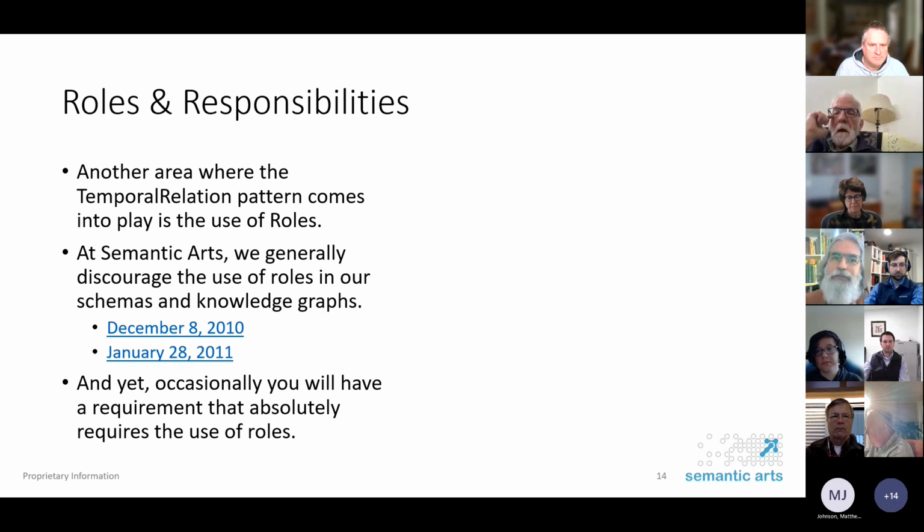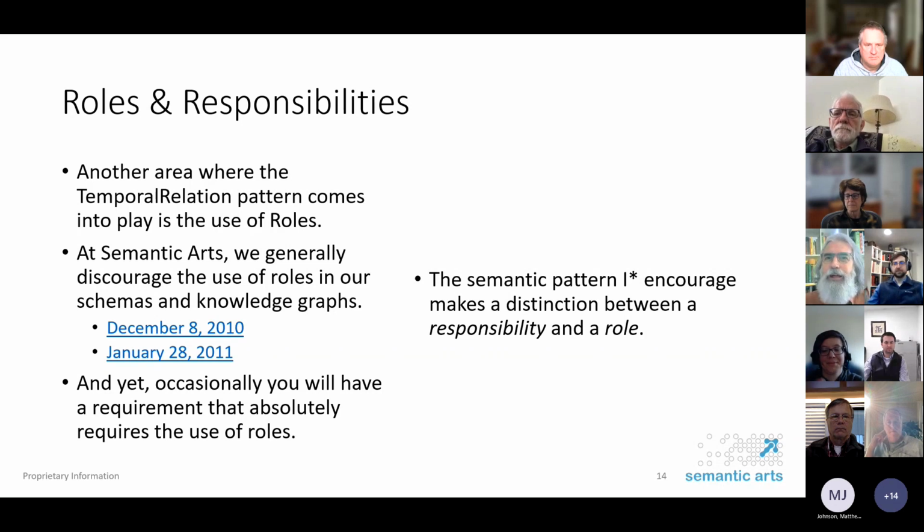But sometimes, dang it, you do have to deal with roles. So the semantic pattern that I encourage using, and again here I'm saying I because we haven't run this through our internal gauntlet, is to make a distinction between a responsibility and a role.